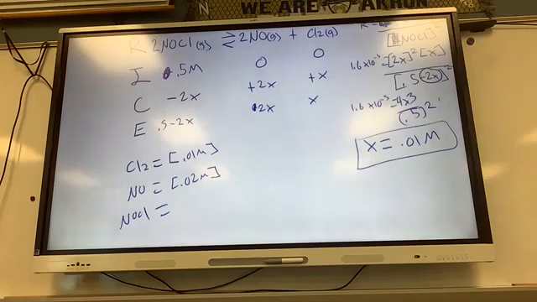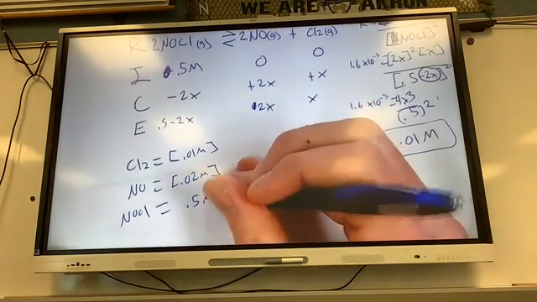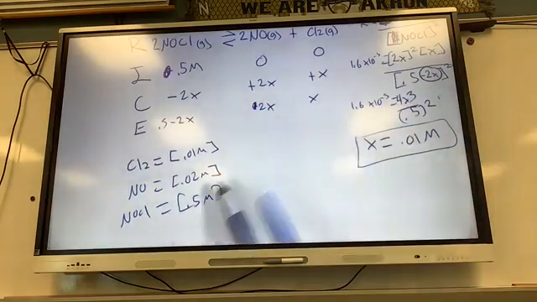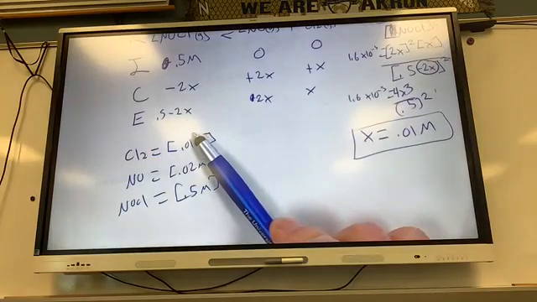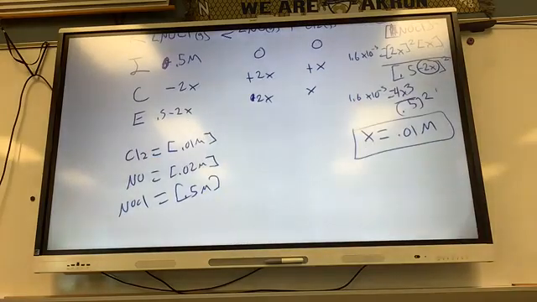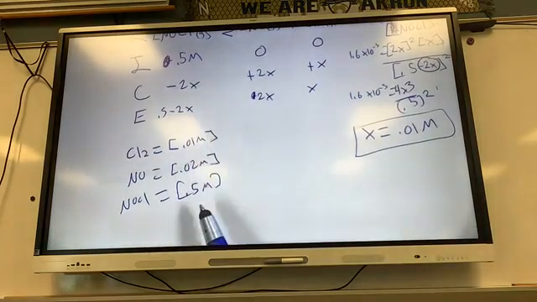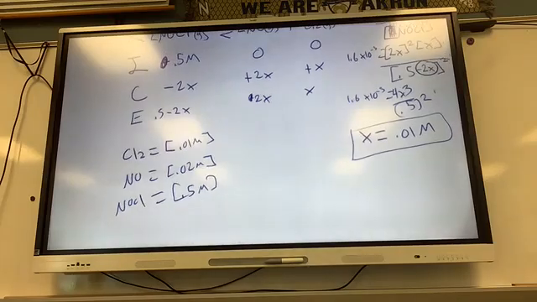But with sig digs, guess what? It's just 0.5 molar. Because if I have 0.5 minus 0.02, it's 1 after the decimal minus 2 after the decimal. Still rounds to 1 after the decimal. This x is going to 0, so it's just 0.5 molar. That's it.